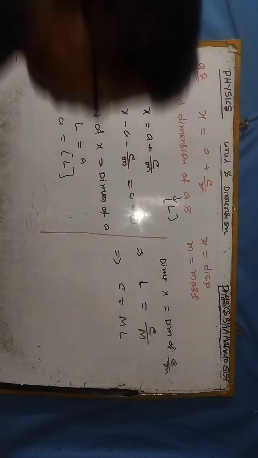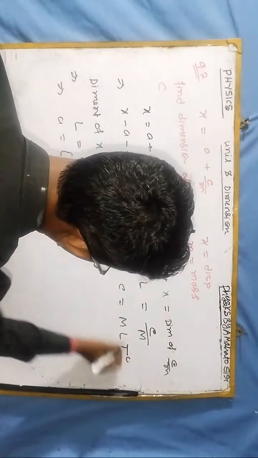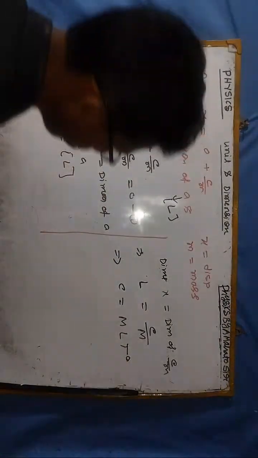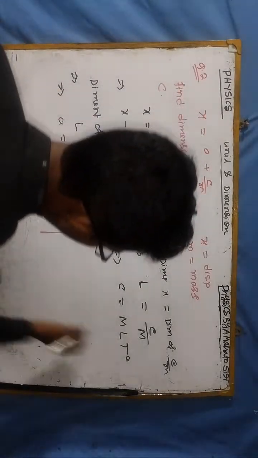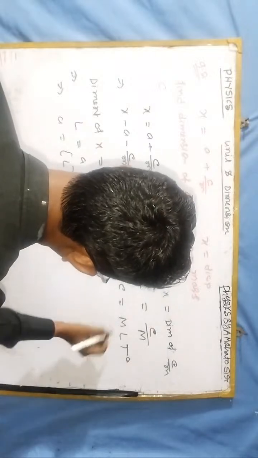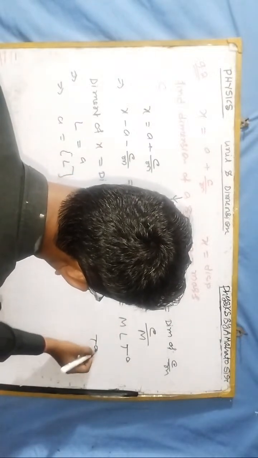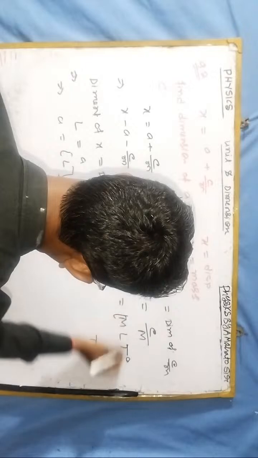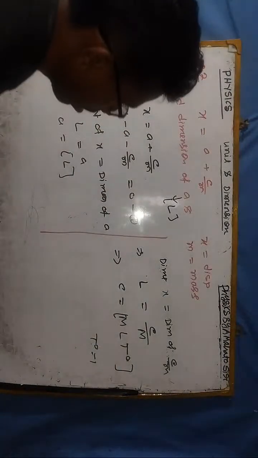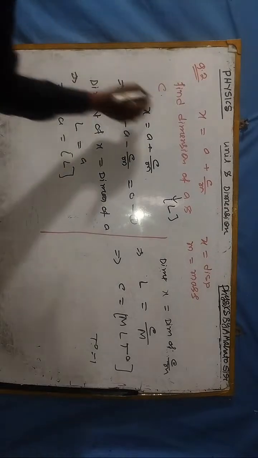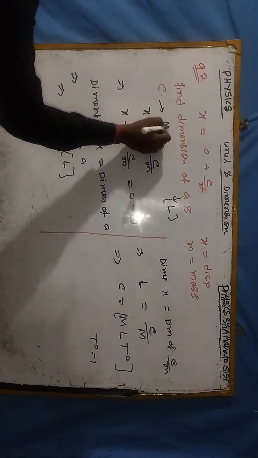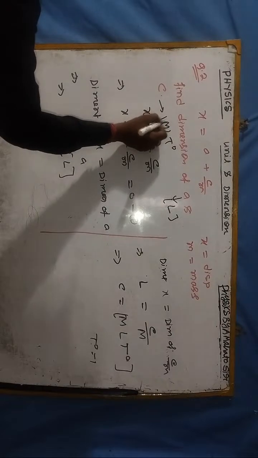T is absent here, so T to the power 0, since T0 equals 1. So the dimension of C is M L T0.